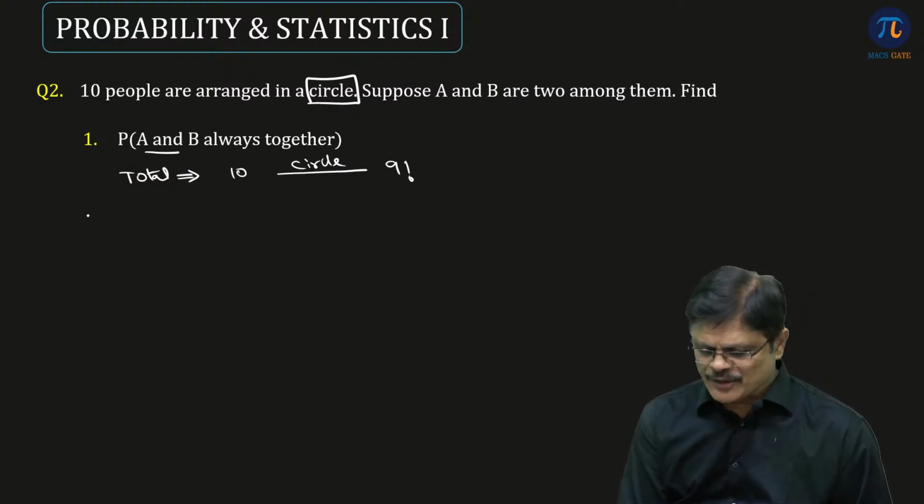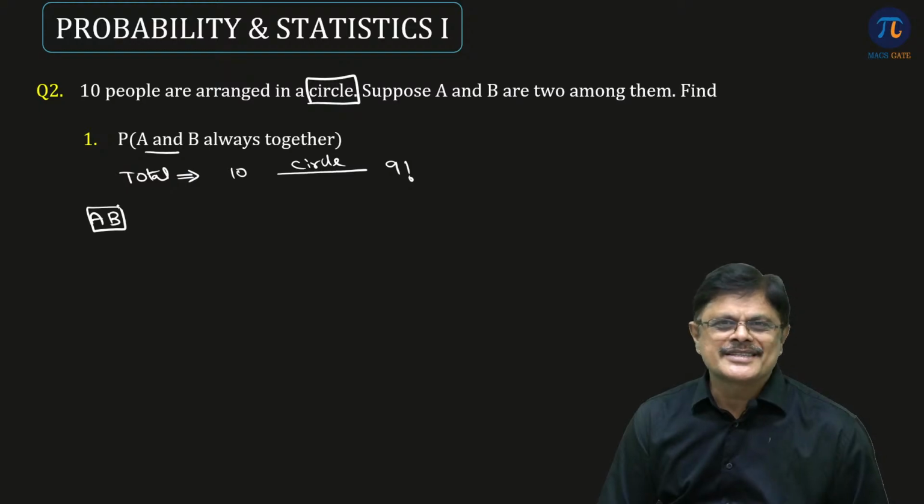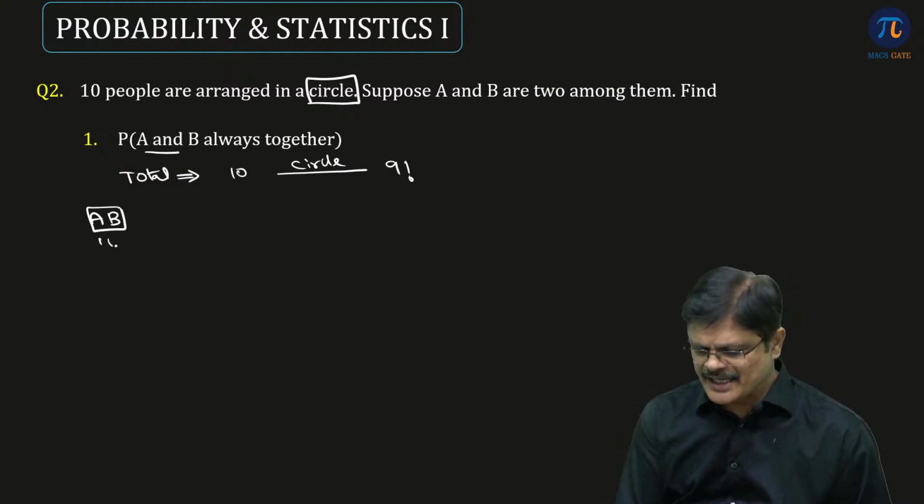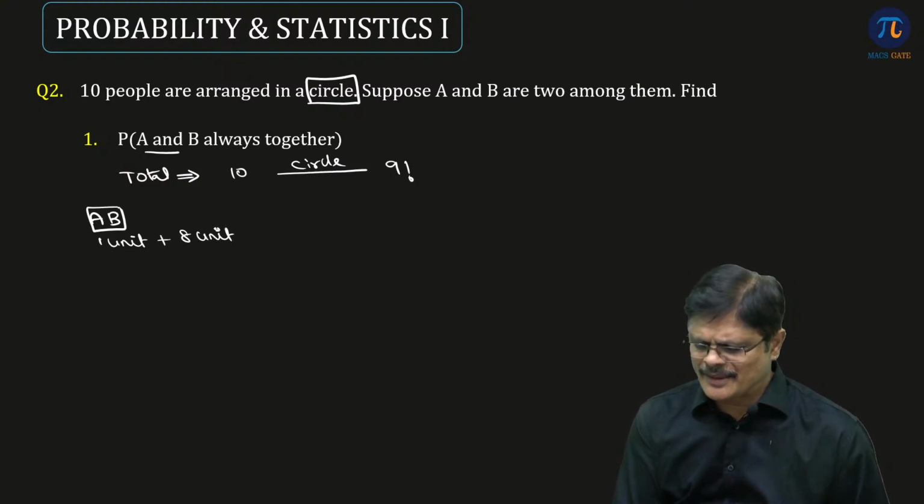Now let us come back to the question. You want a certain pair always together, so let us take it as one unit. The remaining are 8 people, so let us call them 8 units. Total you have 9 units.